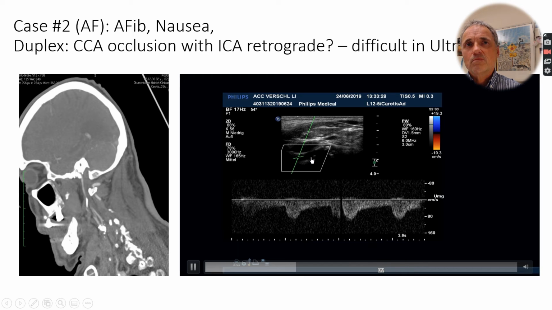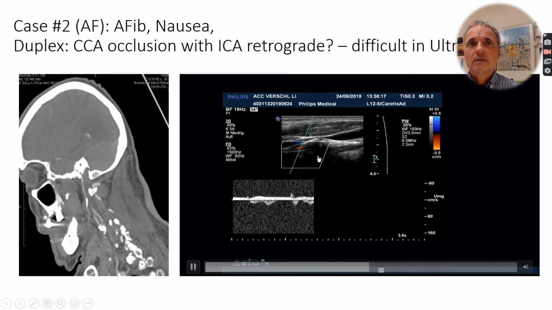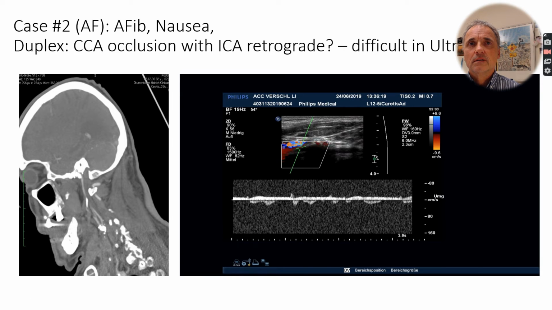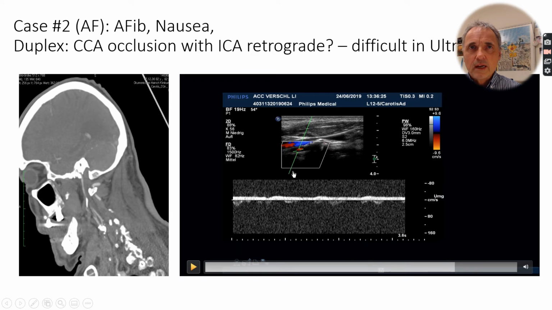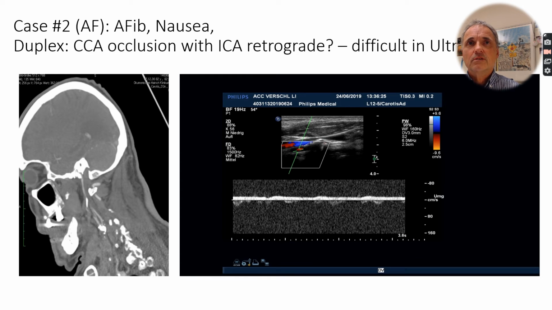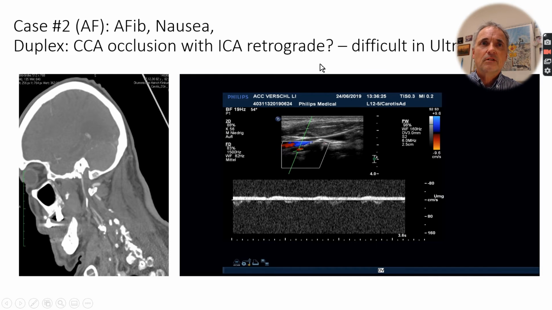So retrograde flow, perhaps in the internal carotid. Orthograde flow in the other vessel, probably the external carotid artery, with a venous sound also, because it's a very small vessel and the venous signal cannot be discriminated completely.